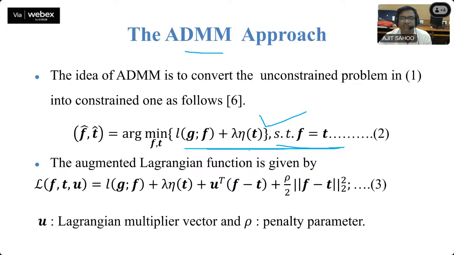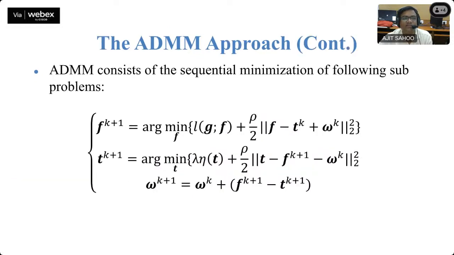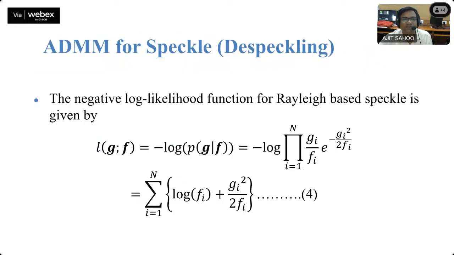The solution is the same as the way you derived it from ADMM. First you form the Lagrangian like this. Then you go for the f update, the t update, and the dual update. So three updates, as in the earlier case.